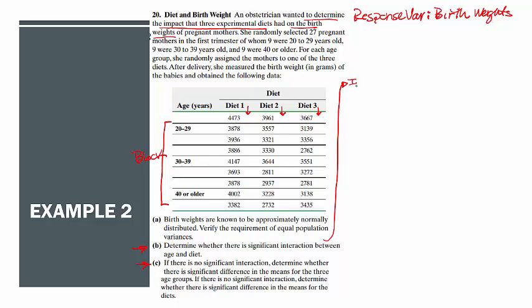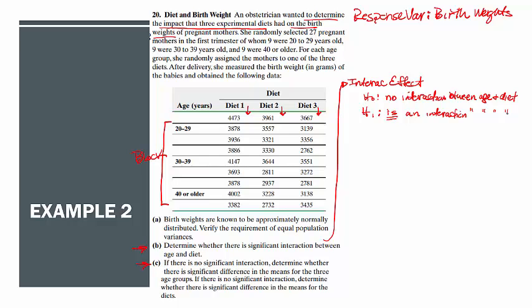So testing for the interaction effect, the null hypothesis would be that there is no interaction between age and diet, against the alternative hypothesis that there is an interaction between age and diet. Forgive me for being lazy and not copying those words over.